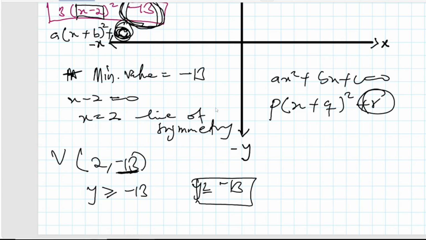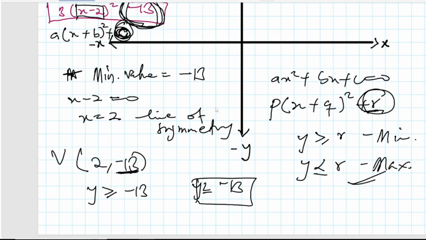If it is a minimum curve, the lowest value is r, so our range is y is greater than or equal to r. If it's a maximum curve, the maximum value the curve will ever attain is r, so the range is y is less than or equal to r.